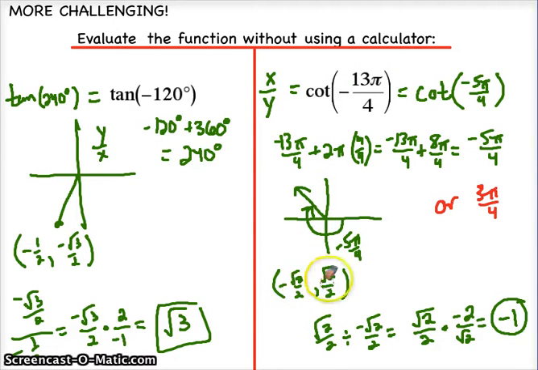But if I want to take x divided by y, I need to put my negative value on my first fraction and make the second one back into a positive. But then again, the values are still going to cancel away. When I multiply those two together, cancel the 2's, cancel the root 2's, you're still left with a single negative, and our answer will actually work out still to be negative 1.